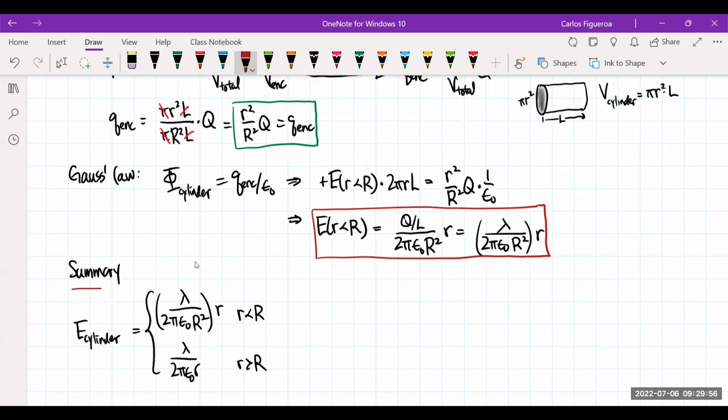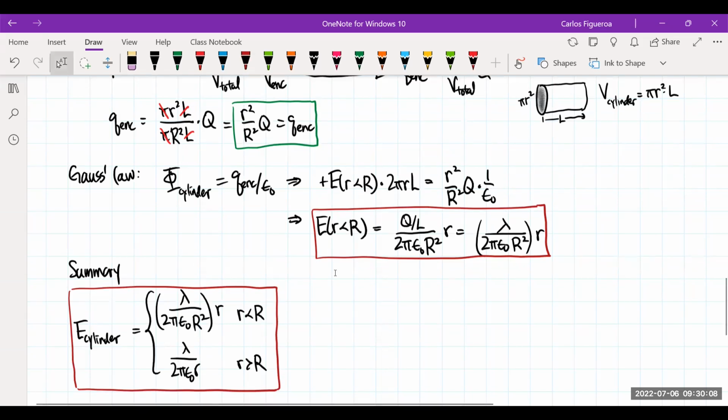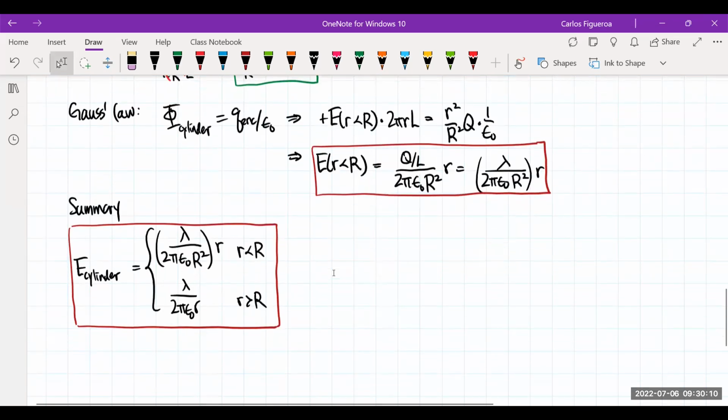So when I look at this thing, this is what it looks like. Now I want to plot this. Okay, let's plot the field. So what I have here is an insulating charged cylinder. When I draw this, it looks like this.